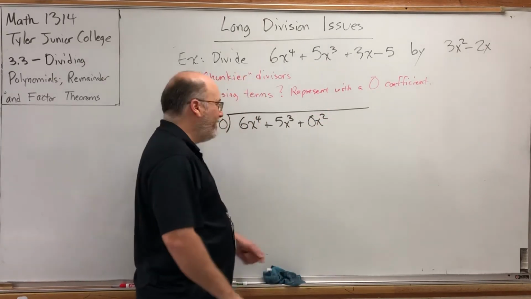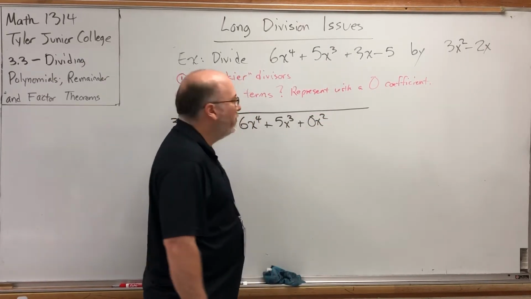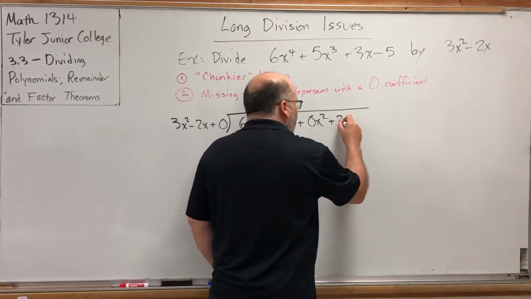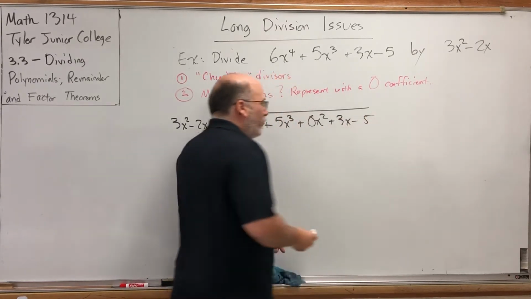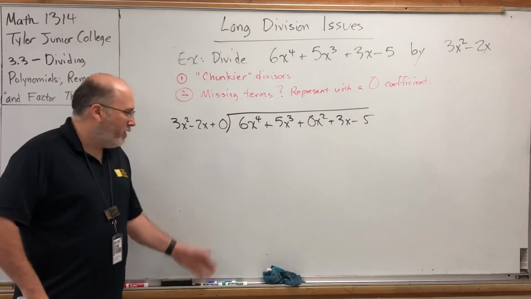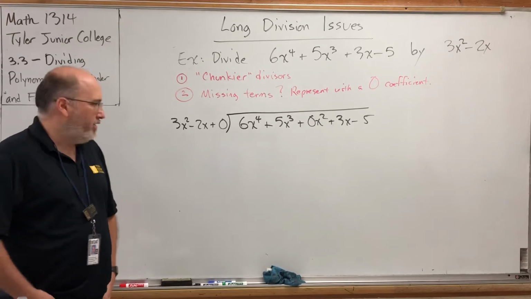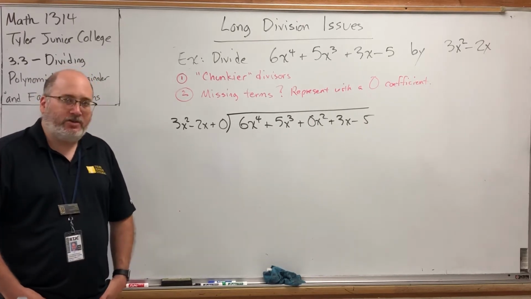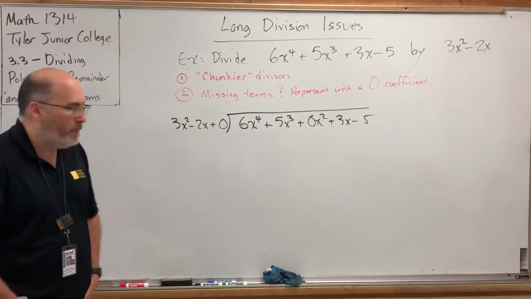Literally saying that this has no x squareds. Don't forget the rest of the terms. The reason you want to represent missing terms with a 0 coefficient is pretty self-explanatory once you get into it. But just to let you know, it's to preserve like terms being lined up. I'll show you what I mean.